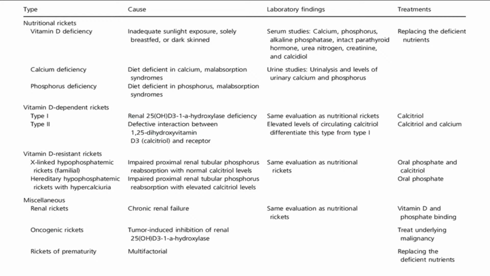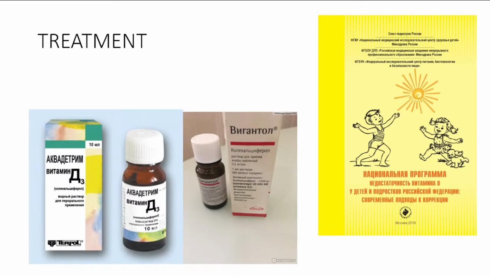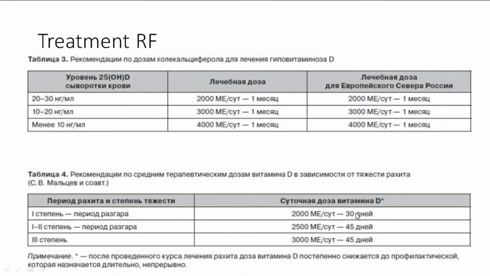Treatment. In the Russian Federation we have a special national program for vitamin D deficiency for children and adolescents. Treatment is according to the level of 25-hydroxyvitamin D in blood serum.